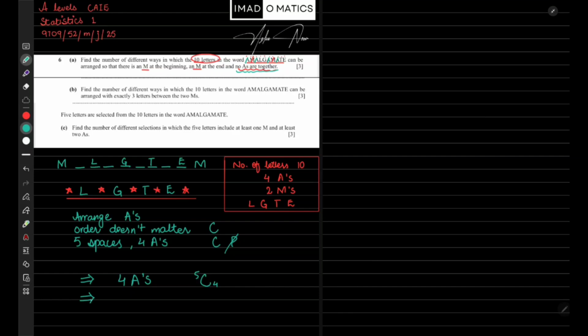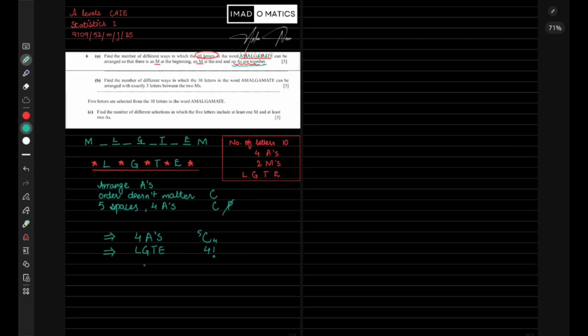Also for the rest of the letters L, G, T, E, these are 4 things and 4 places for them. So we will use the factorial for L, G, T, E. We will use 4 factorial. Now, how could we write it?